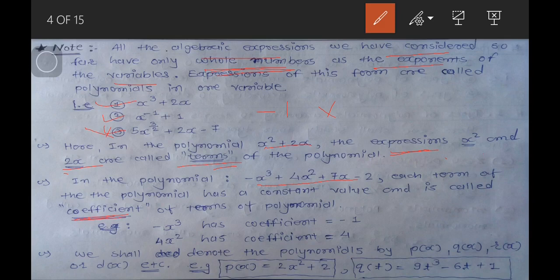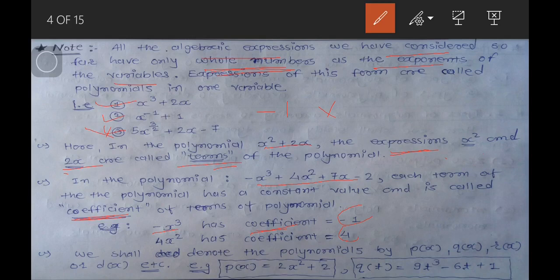For example, we can take the term minus x cube, which has the coefficient, a constant value, minus 1, and 4x square has coefficient 4. So in polynomials, a constant value is known as a coefficient of the term.